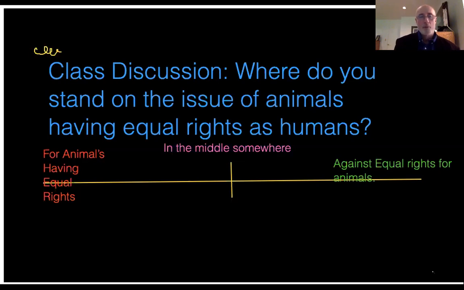And that would be a position. There are people that are absolutely for animal rights, and I've known people who are animal rights activists who go and demonstrate in downtown Seattle, protest against people wearing furs, all kinds of levels of being an animal rights activist.